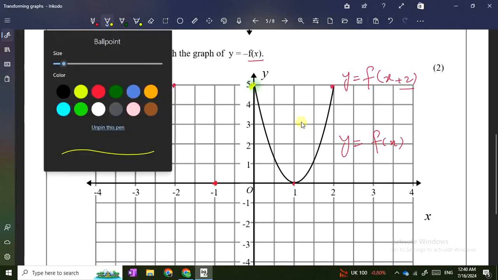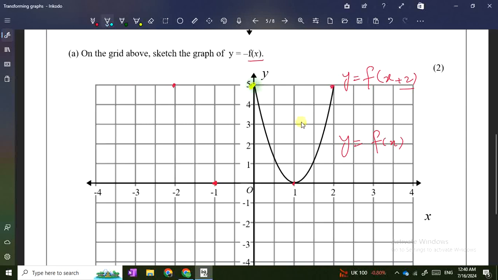So the new curve should be this one. The curve is not exactly drawn, but the curve will shift like that.